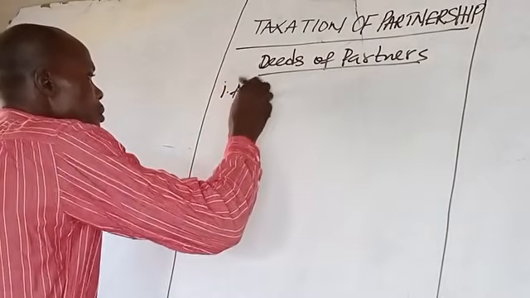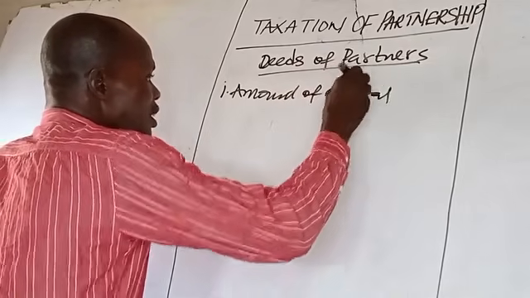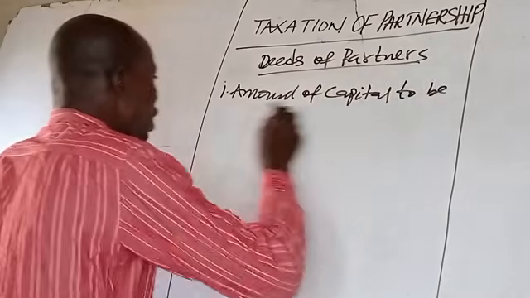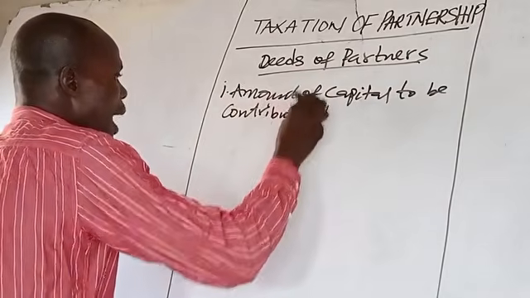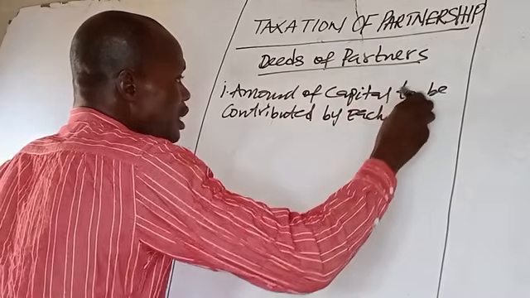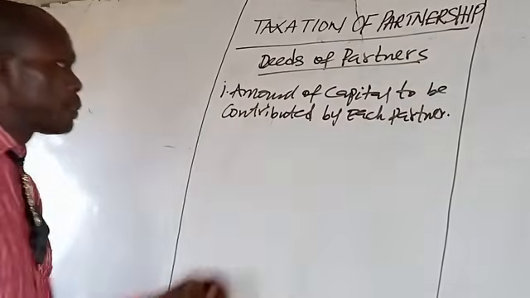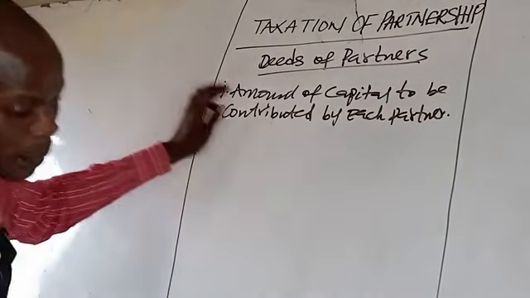Number 1, the amount of capital to be contributed by each partner. This must be spelled out in the deeds of partners.